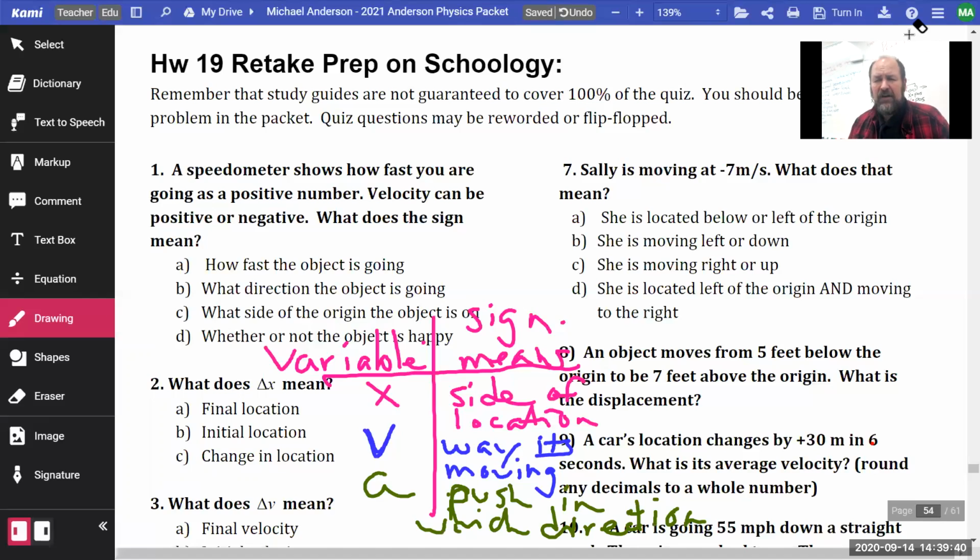Now remember, if a car is going that way, it could be pushed on in this direction. No, if the car's going this way, it could be pushed backwards, or it could be pushed on this way. So the direction of motion is not necessarily involved in the sign of the acceleration. It's just which way you are pushing on the car. Are you pushing on it backwards or forwards? That kind of a thing.